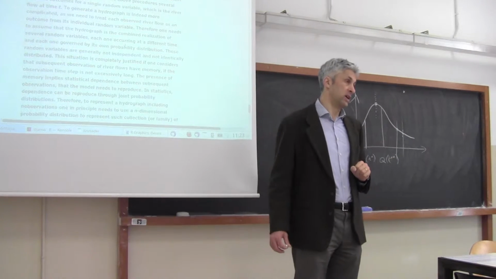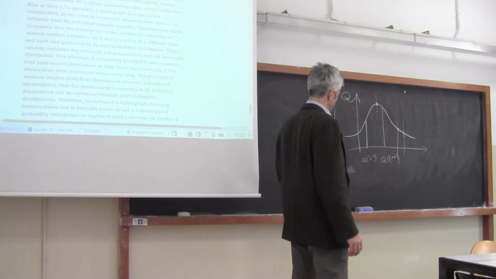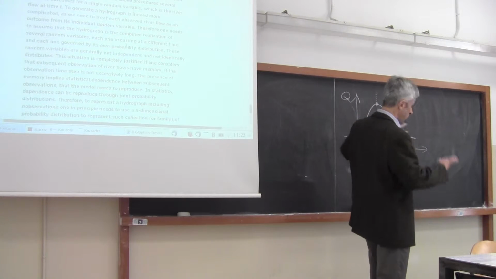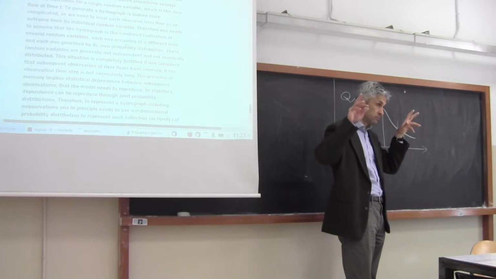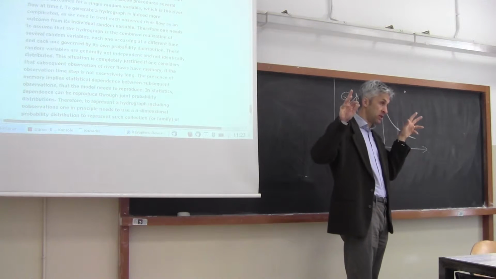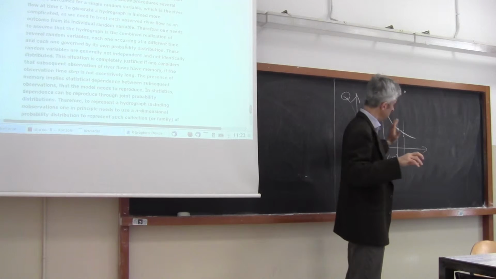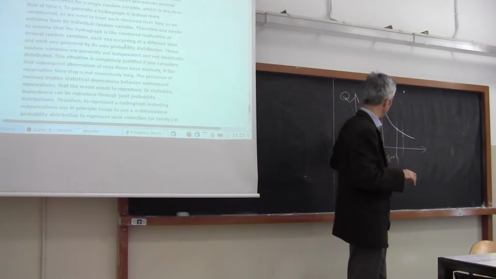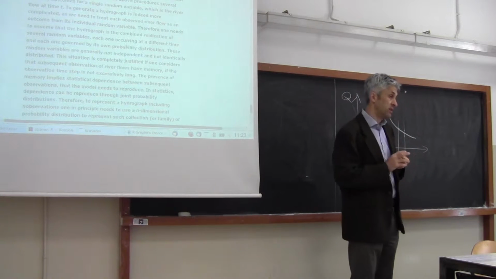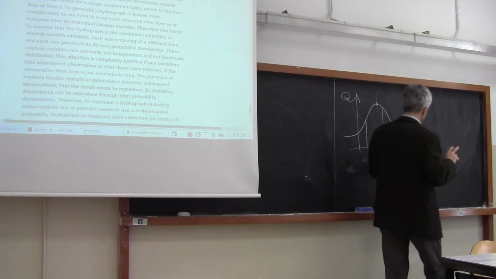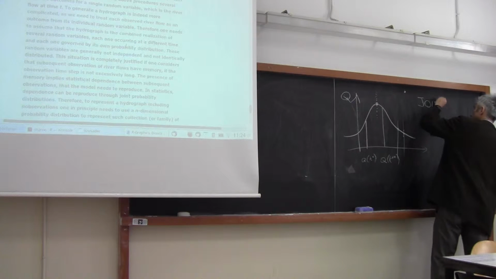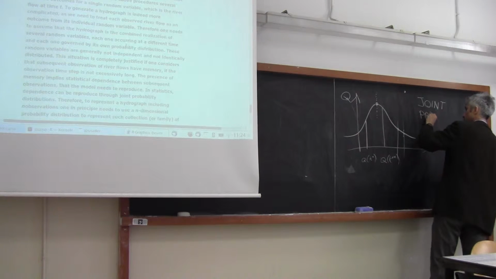So what is the way to get an overall representation of several different random variables by taking into account their relationship? The way is the use of a joint probability distribution.